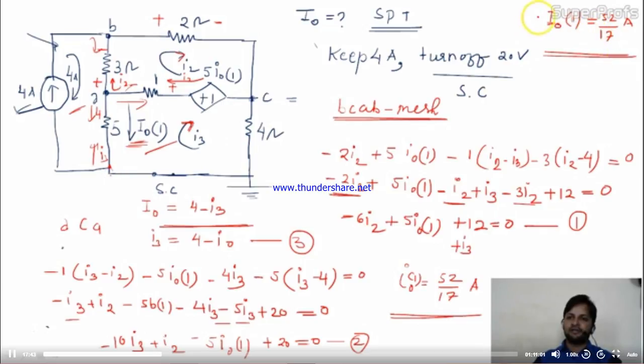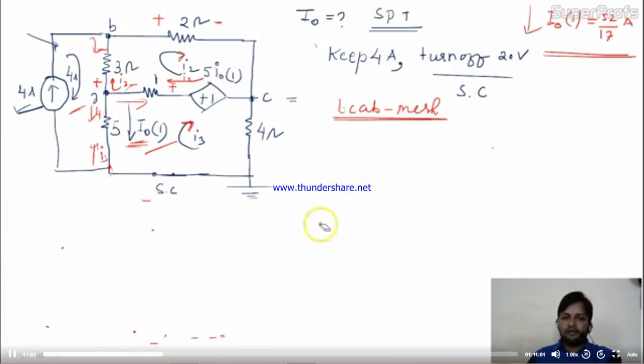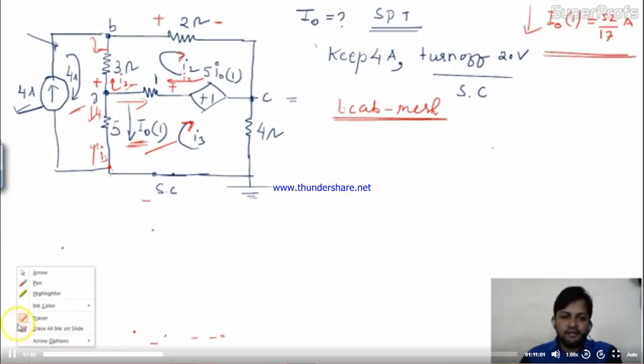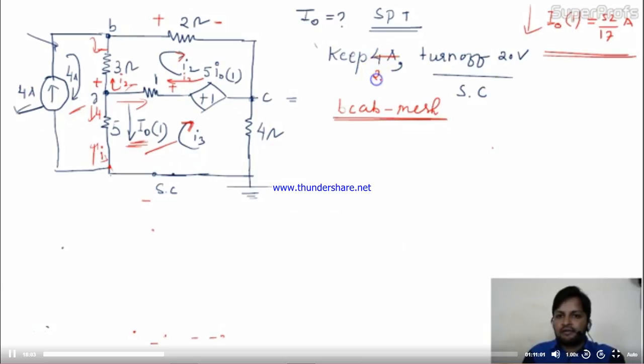Means this is in this way. Now come to the second one, the second independent source. I removed all this. In the second case, we have to keep the voltage source as it is, and we have to turn off the 4 ampere current. So here I'll keep 20 volt and I'll turn off 4 ampere.